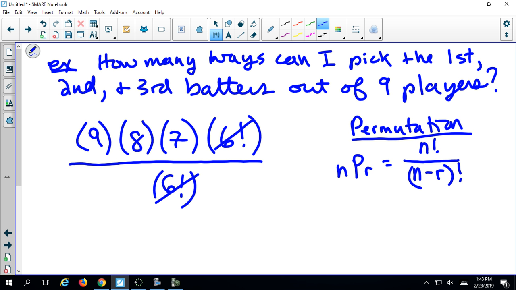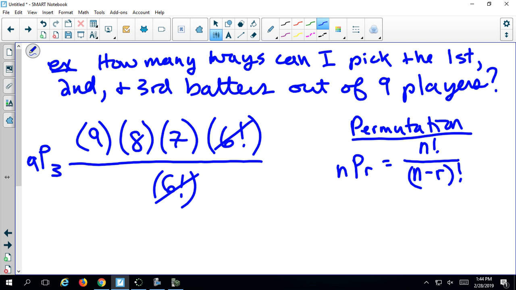In this case, this was 9P3. I have 9 batters. I'm picking the first 3. So 9 minus 3 is 6. So I divide 9 factorial by 6 factorial, and that cancels out the ones that I don't want.